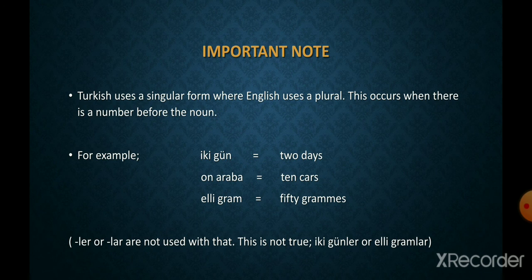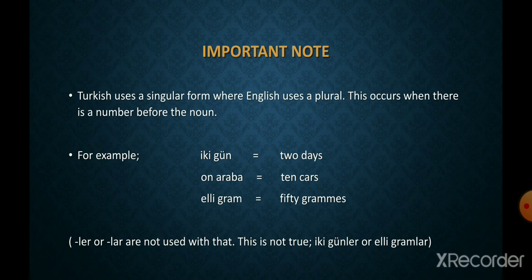Turkish uses a singular form where English uses a plural. This occurs when there is a number before the noun. That is, if there is a number before the noun, we use a singular form. For example, iki gün.